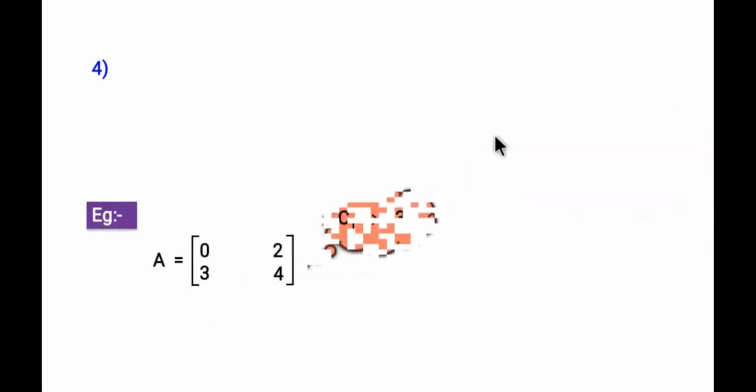Now the same operation will be valid for your column as well. So that will be your fourth operation. I'll just give an example. I have a matrix over here and I have taken one operation, C1 changes to minus 3 times C1.